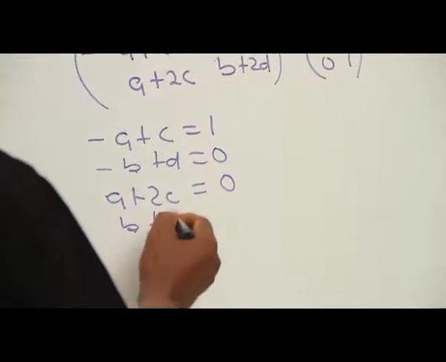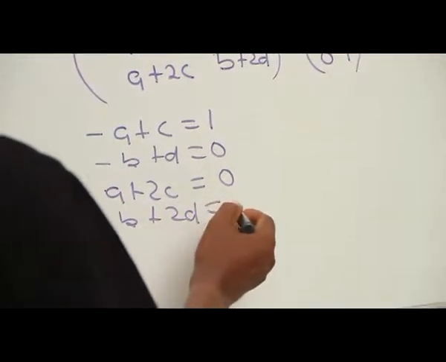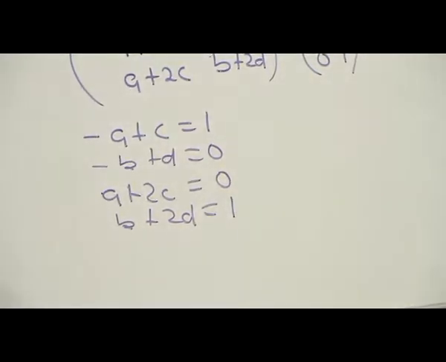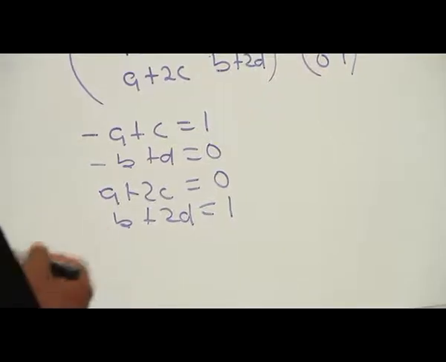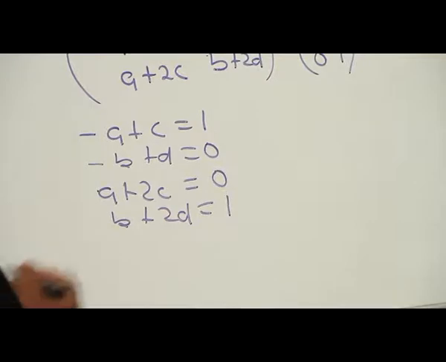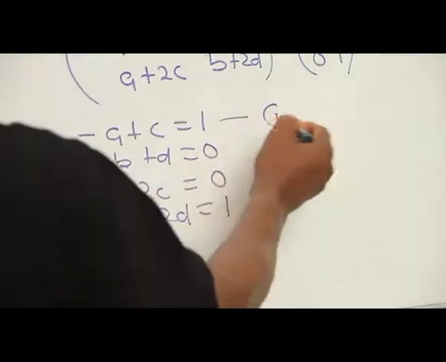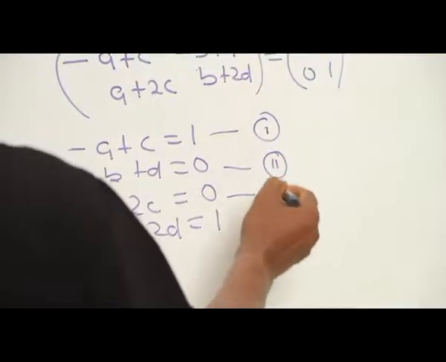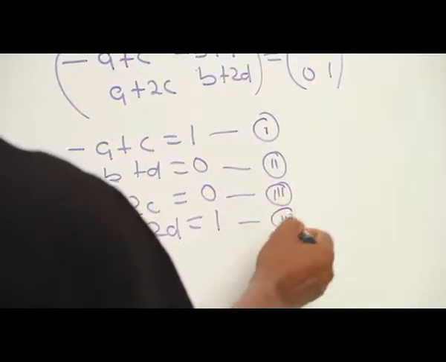Your B plus 2D is equal to 1. So with this matrix, we will be able to find the value of A, B, C, and D. Let's call this one the first equation, the second equation, the third equation, and then the fourth equation.